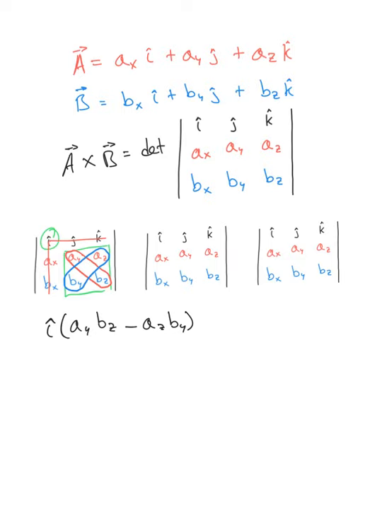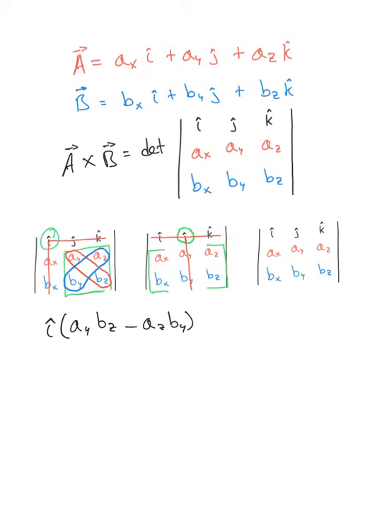Now we can move on to the second matrix, and this time we're going to think about the j hat component. We're again going to cross out the row and column associated with our j hat, and we're going to take the determinant of the matrix formed by the not crossed out components.